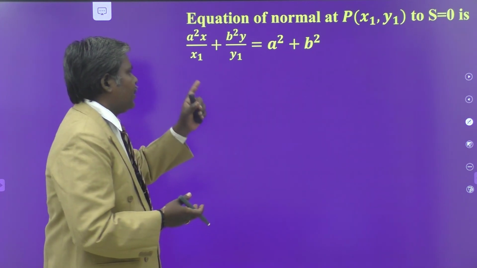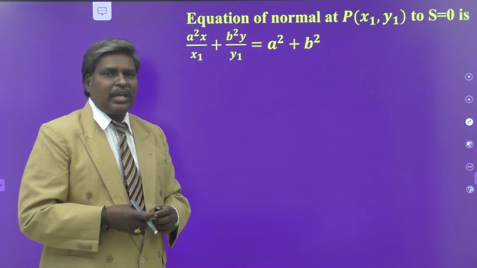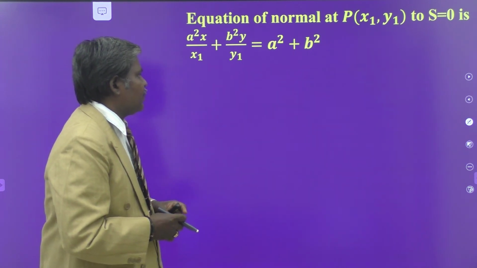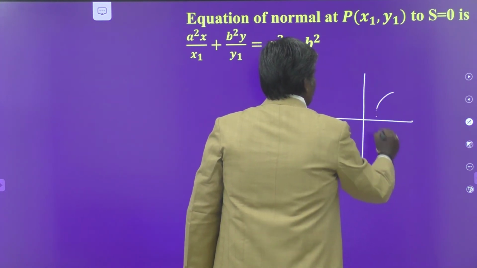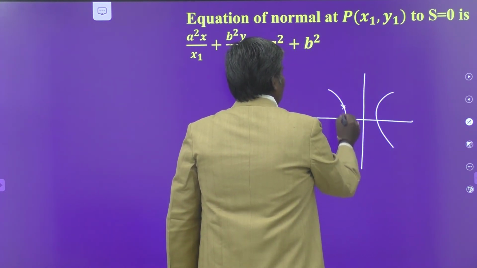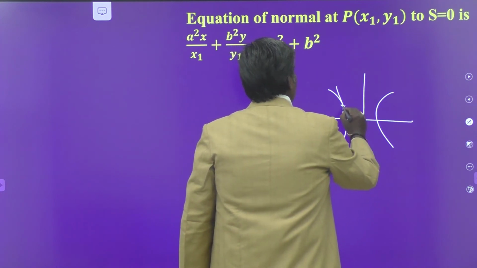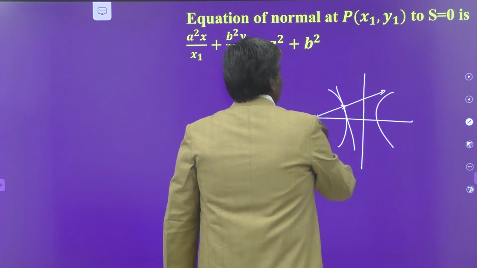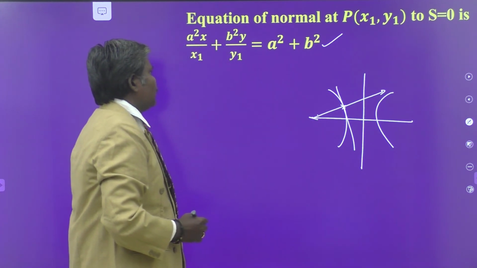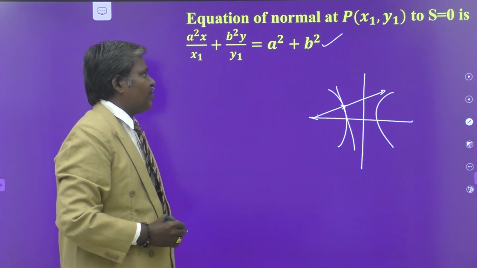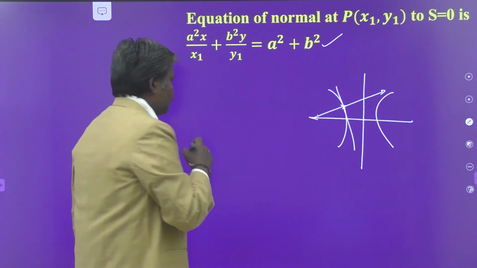Once we have the point and slope of normal, we can write the equation of normal at P(x1, y1) to your hyperbola. So this is your hyperbola. This is any point. This is the tangent at that point. We can write the normal at this point. Its equation is what they are saying: a square x by x1 plus b square y by y1 is equal to a square plus b square.